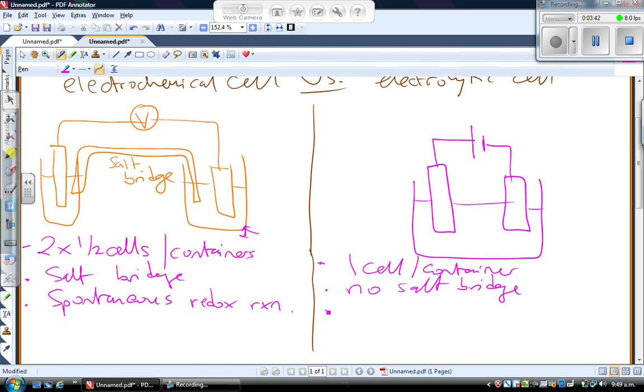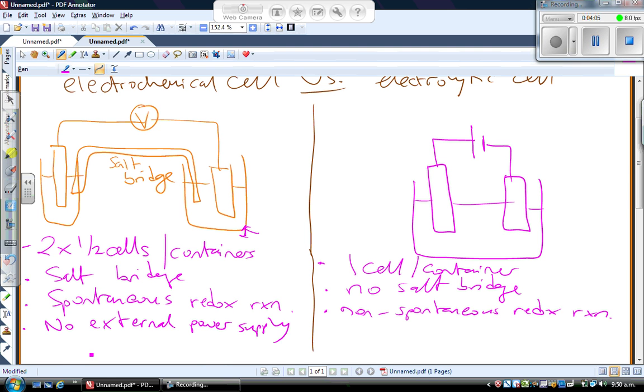Whereas in an electrolytic cell, this is a non-spontaneous redox reaction. Now, as a result of this point, because the electrochemical cell has a spontaneous redox reaction, there's no external power supply needed.